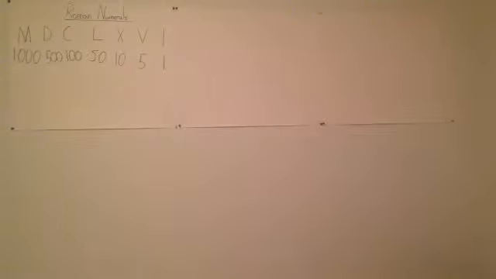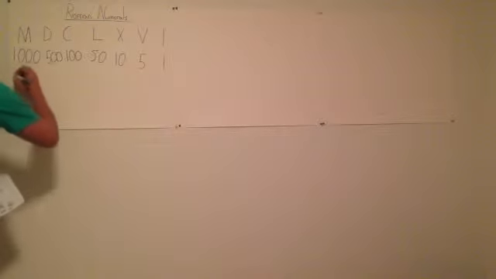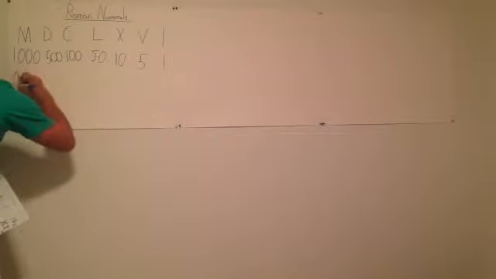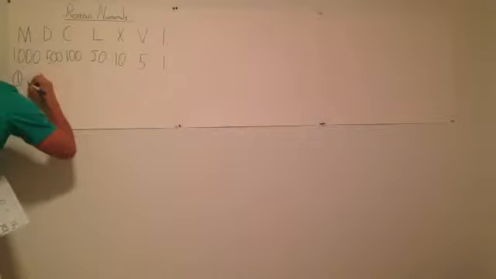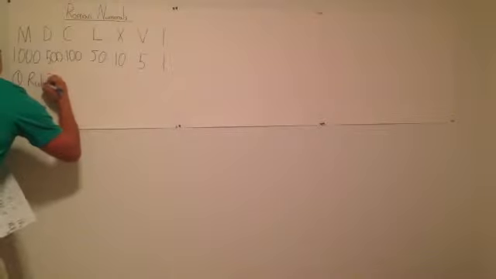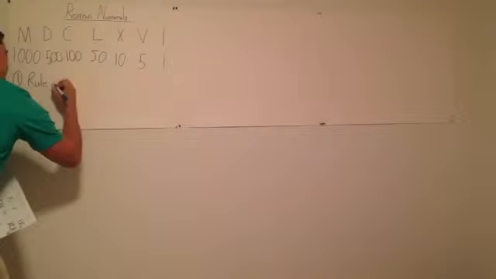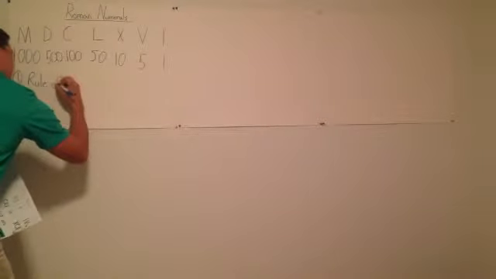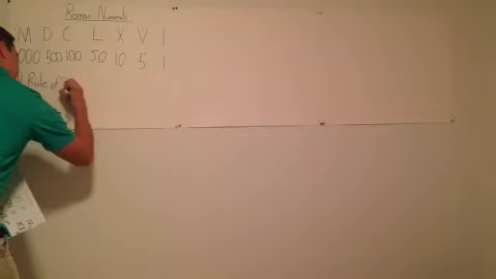Now that you know the symbols and the numbers associated with those symbols, there are 3 rules that go with reading and writing Roman numerals. The first rule is the rule of 3. This rule is very simple.